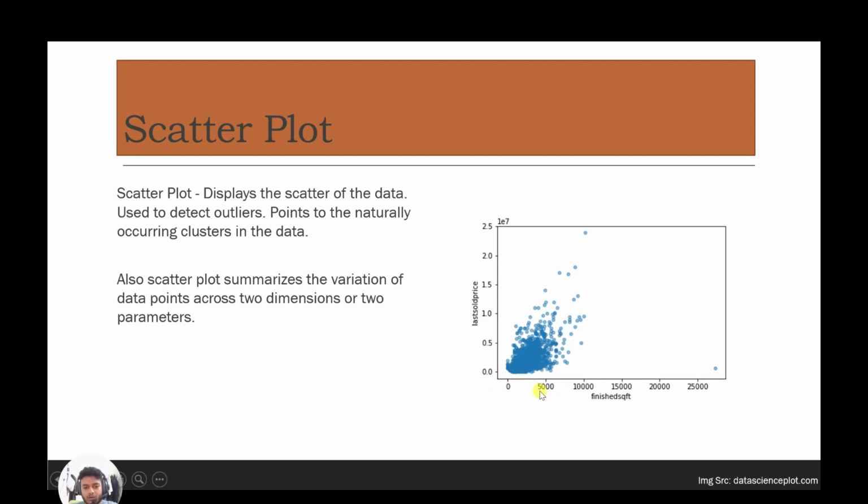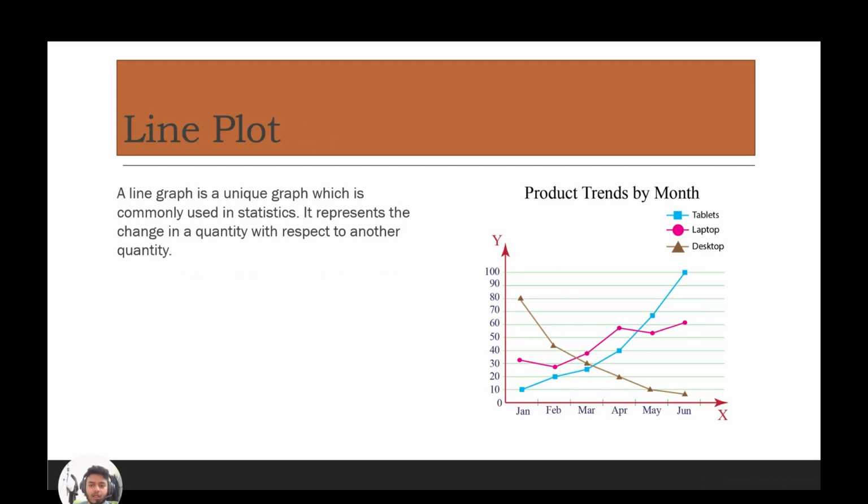You can see there is a positive relationship between these two features, and the points that you see very far from the median point, you can assume those are outliers. Like I just gave you an example, outliers are the points that do not make sense in our data set. They are far away from the actual data that is correct.